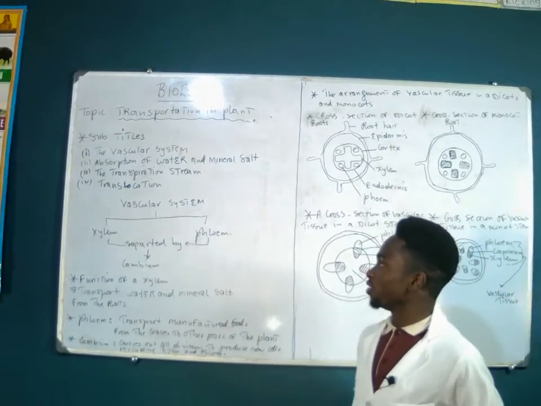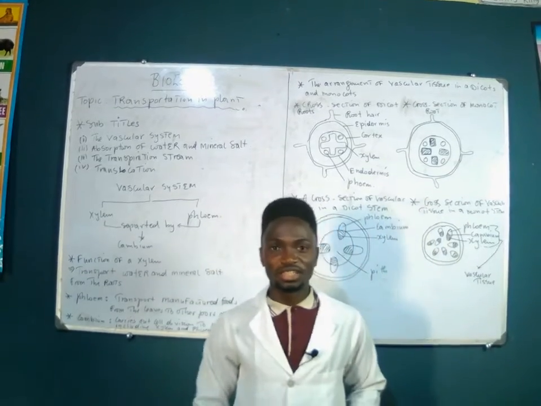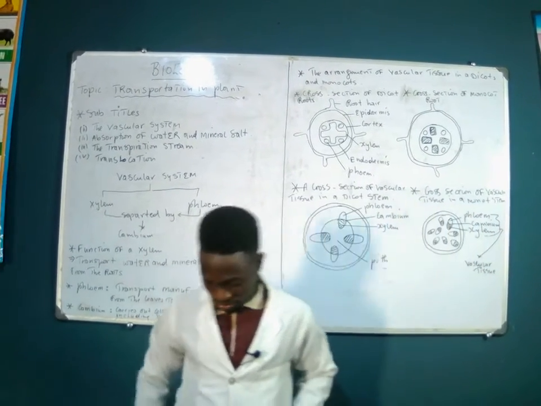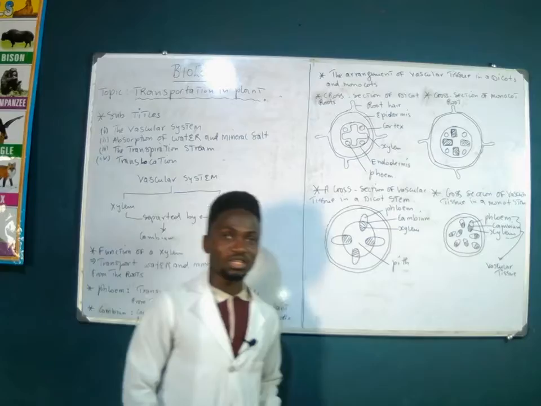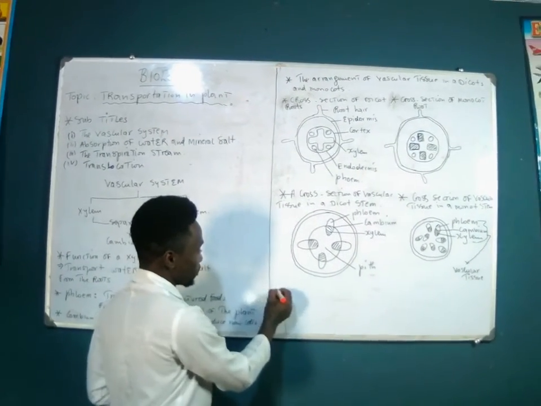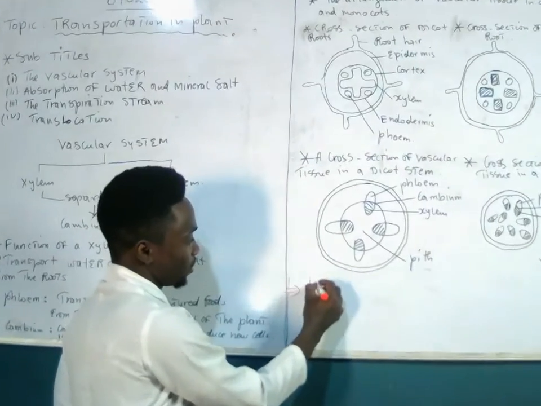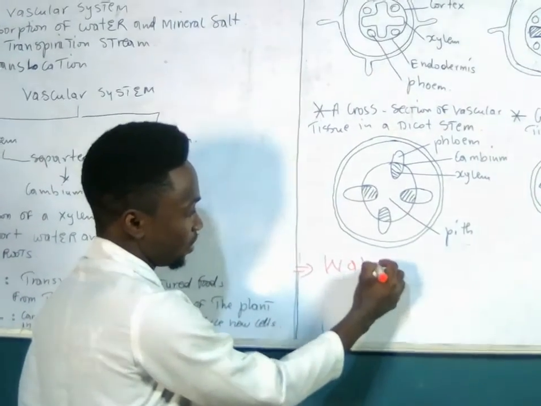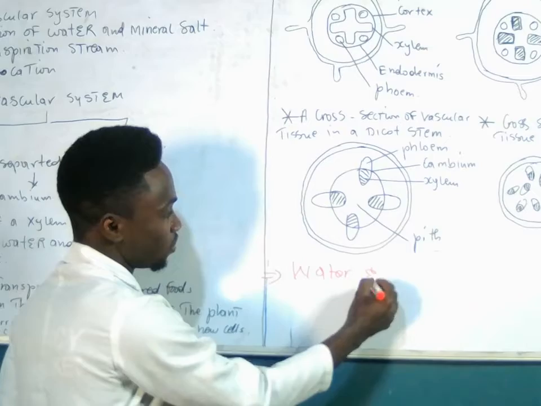Okay, so one has to understand the things that are being transported in plants. The following are being transported in plants: water and also dissolved minerals.